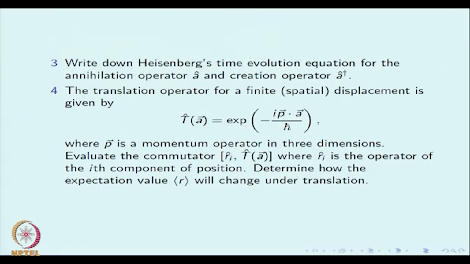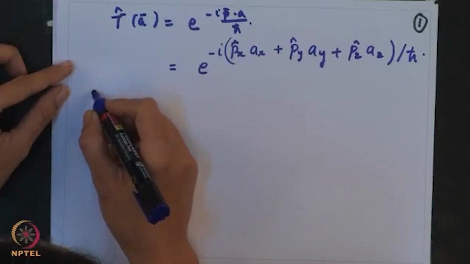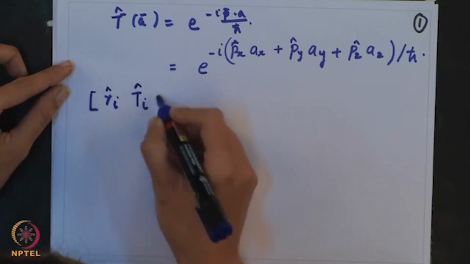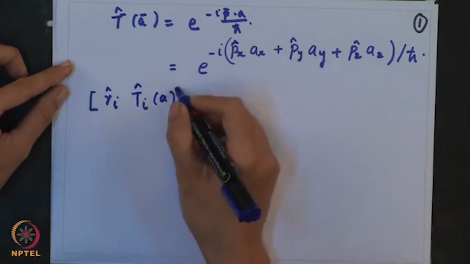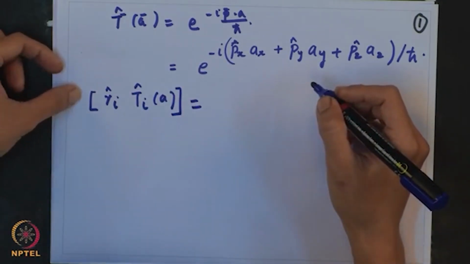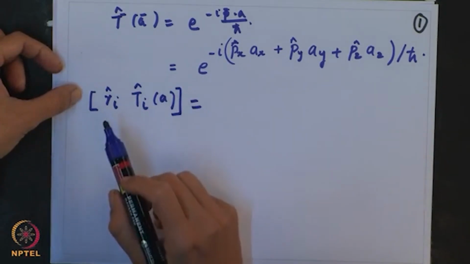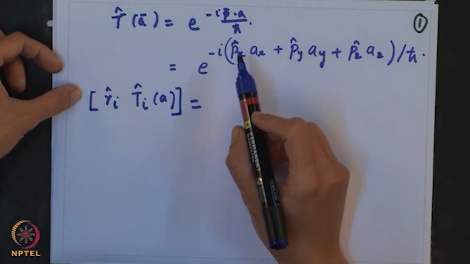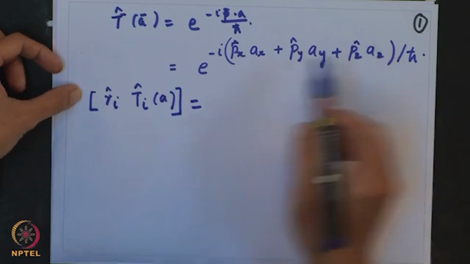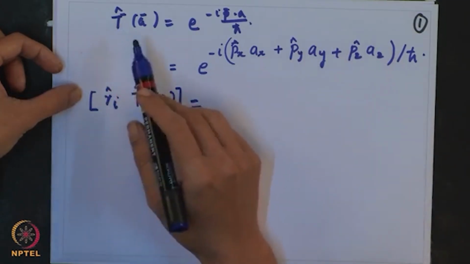So, Rx or R1 will give me the x direction, then I can have the y direction and z direction. Let us start by writing a specific case. We have to first evaluate [Ri, T(a)], and then we will generalize the result later. As we know, the momentum operators Px, Py and Pz commute with each other, so will Tx, Ty and Tz.